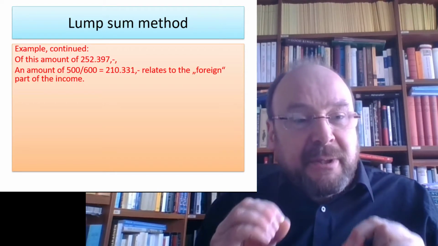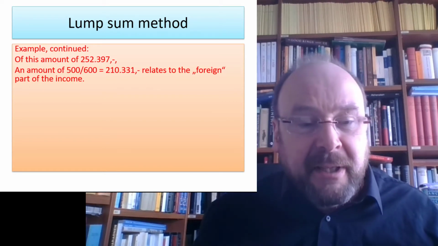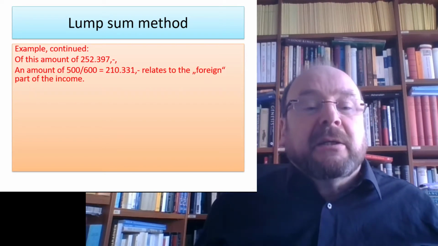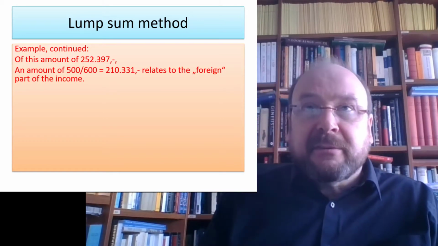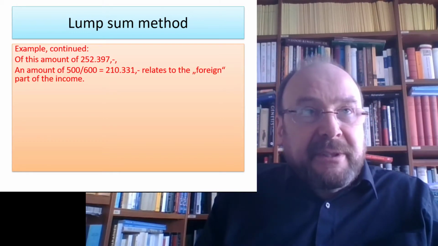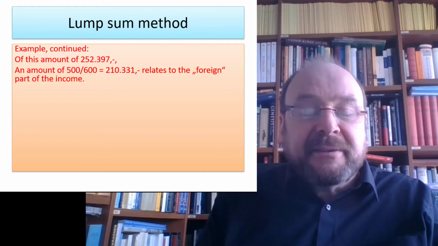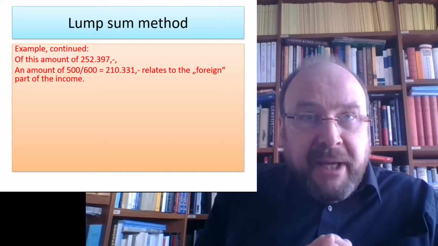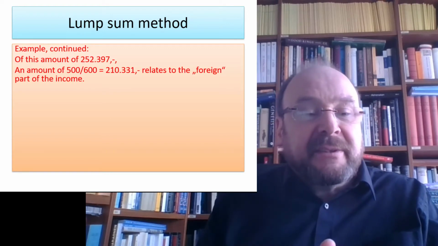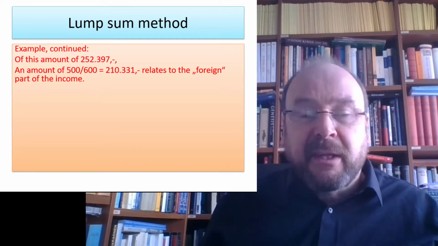So for this 210,000, we can now apply for a reduction under the lump sum method. And imagine now we really do what I supposed to do. First, the state agrees to a reduction to 0. In that case, 210,331 would not have to be paid. Your remaining tax liability would restrict itself to approximately 42,000 when you see the two figures.